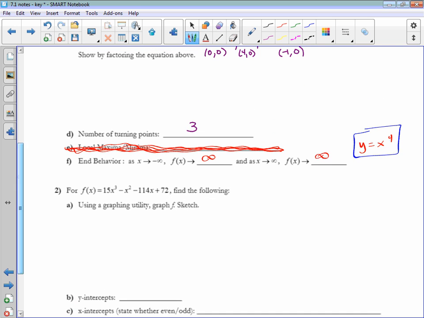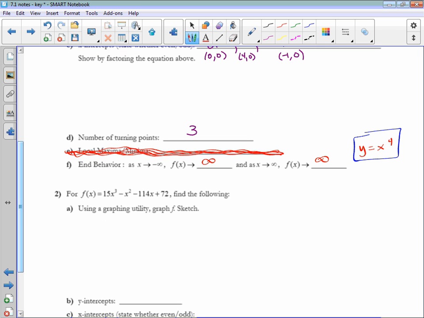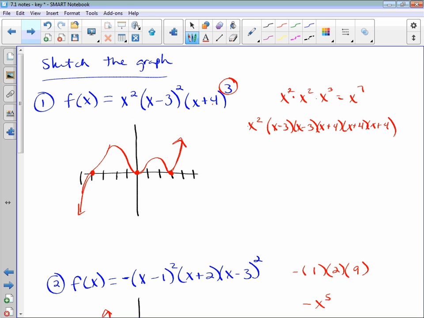Okay, we are skipping number 2 that's in your packet because I'm not going to make you try to factor that. It does not look like fun. Let's do some whiteboard practice.